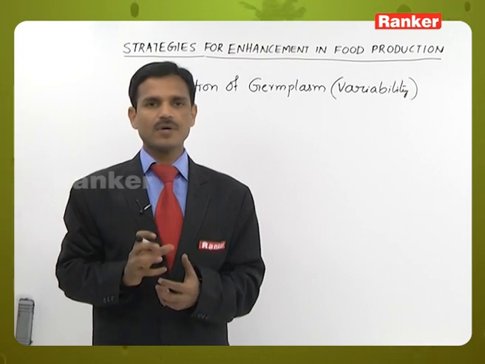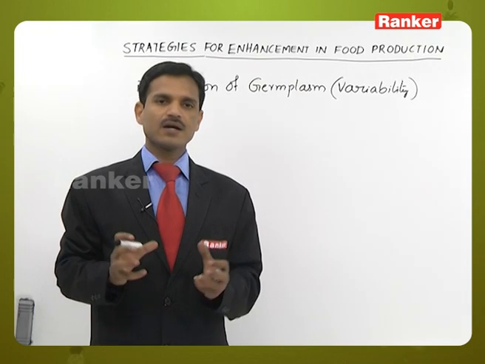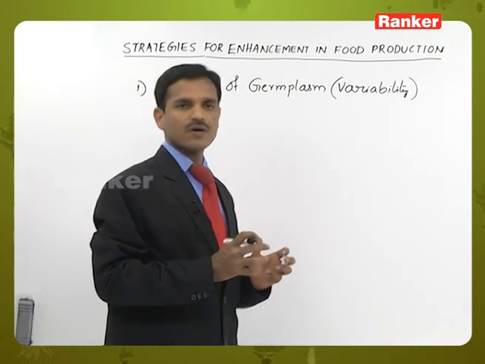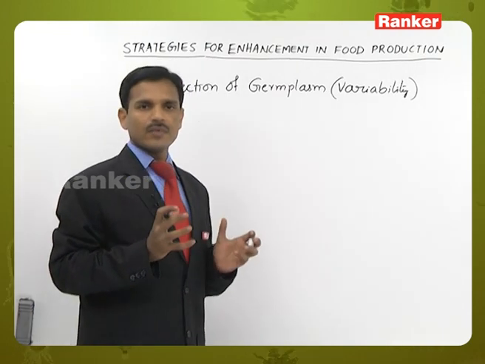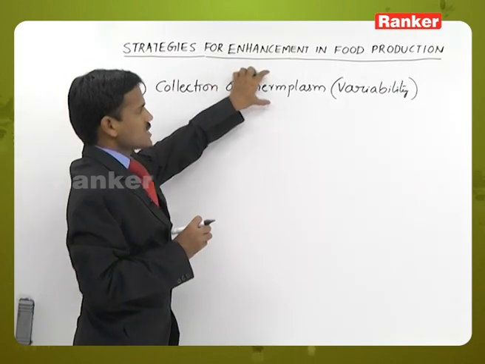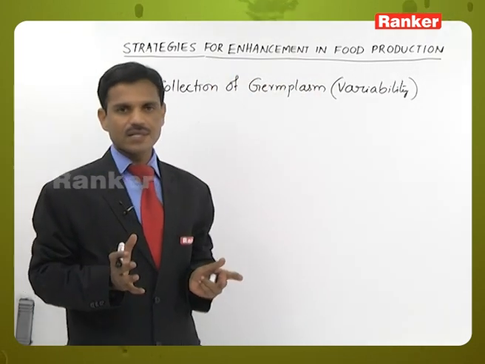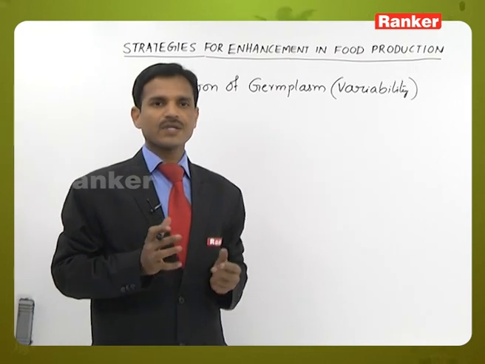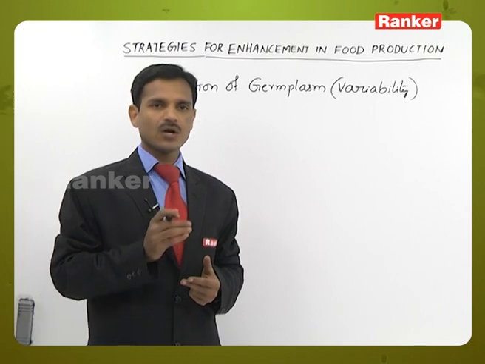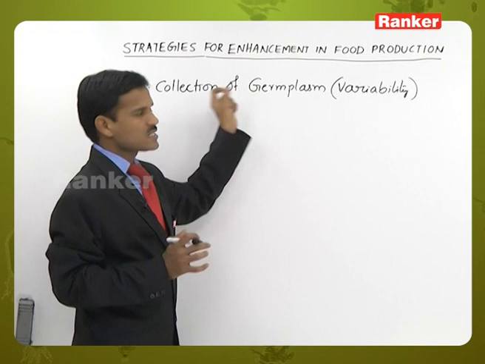If you take one crop or one species, all the varieties in that species are taken and preserved. The collection of all the available plants is called germplasm. Variability means different varieties within the same species, wild varieties or local varieties. All these varieties are collected and preserved; that is called germplasm.